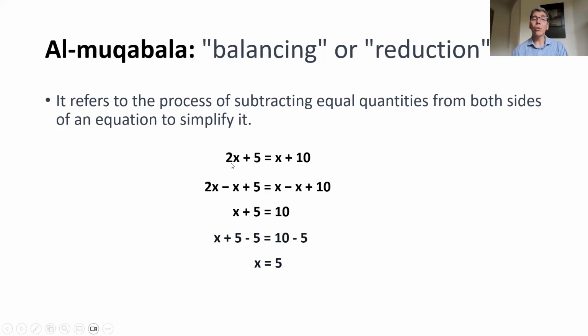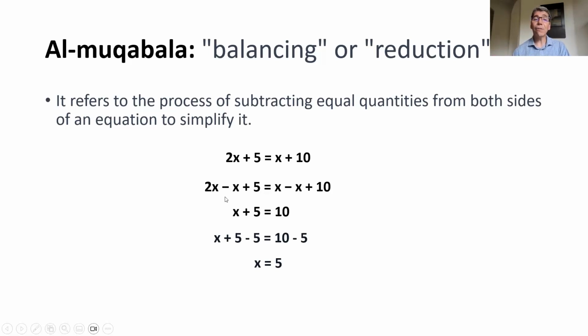So we start with 2x plus 5 equals x plus 10. Now we subtract x from both sides in order to get rid of this x over here. And so now we end up on the right side of the equation just with 10.